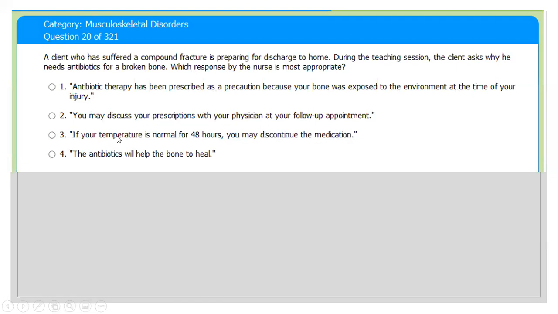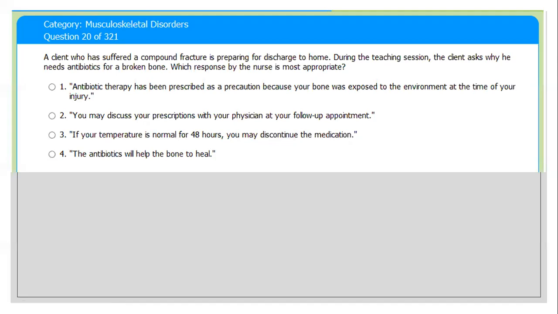Number 3, if your temperature is normal for 48 hours, you may discontinue the medication. Number 4, antibiotics will help the bone to heal.